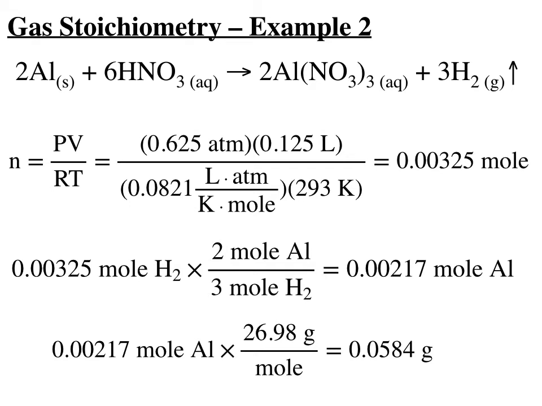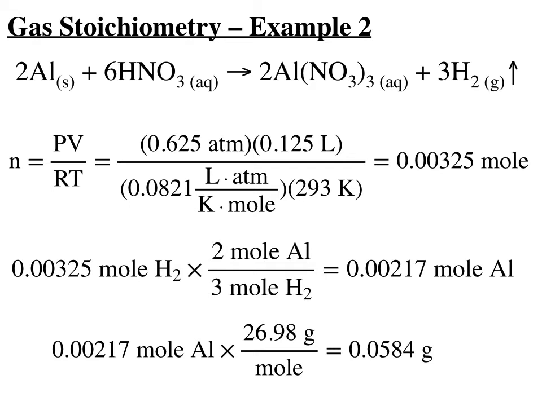Now what I'm going to do is use the balanced chemical equation at the top to convert the number of moles of H2 produced into the moles of aluminum that must react in order to pull that off. There's a 2 to 3 ratio of reacting Als to producing H2s. So I find 0.00217 mole of aluminum must react if I want to form 0.00325 mole of H2.